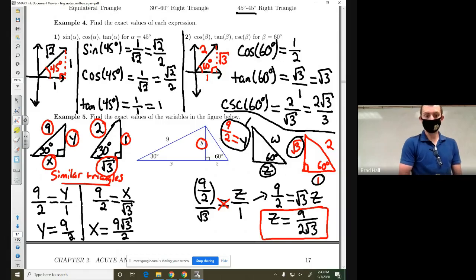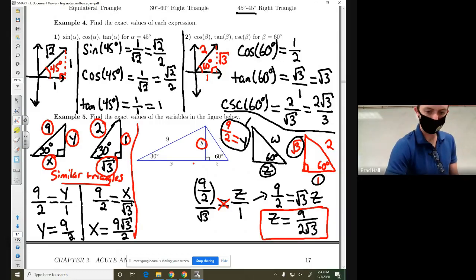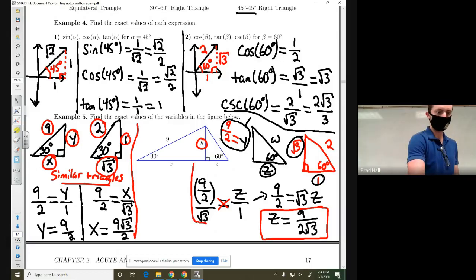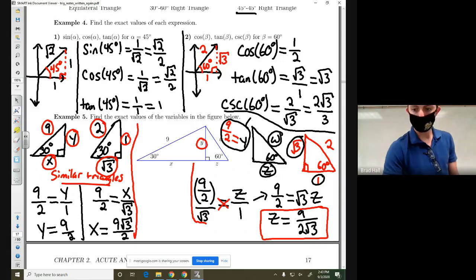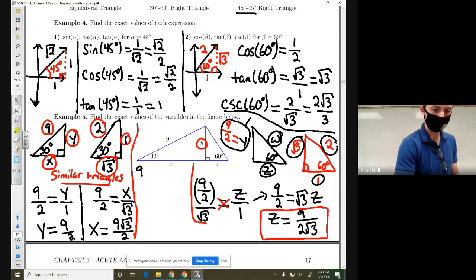We're not done because we have one more. Hopefully I can incorporate that here. We still have to find w. So w and 2. So 9/2 relates to square root of 3.